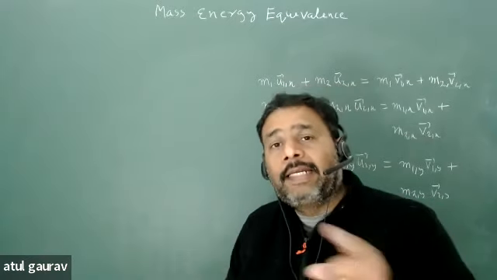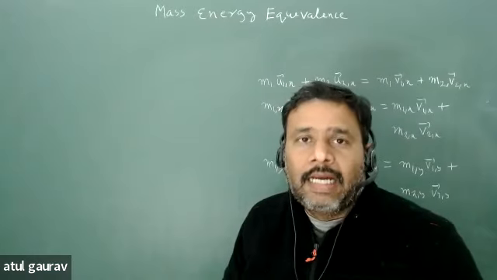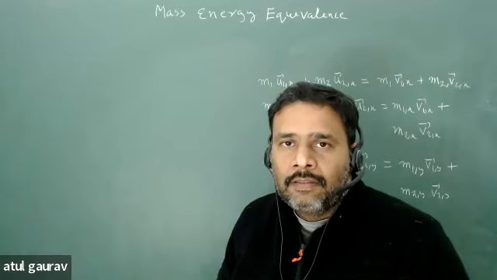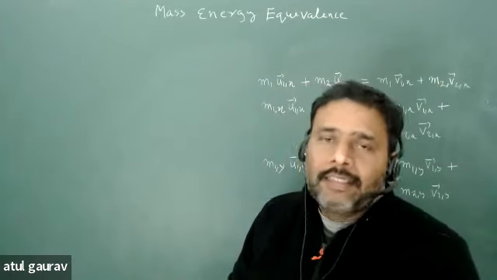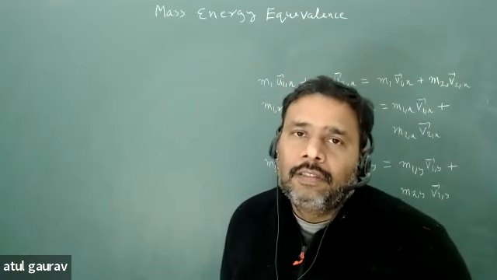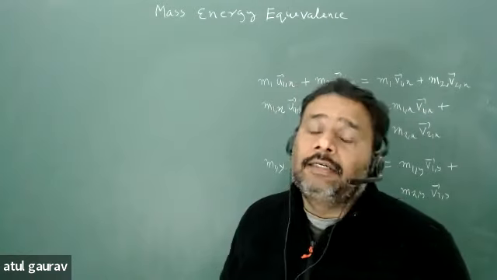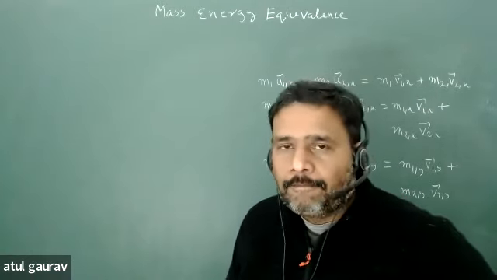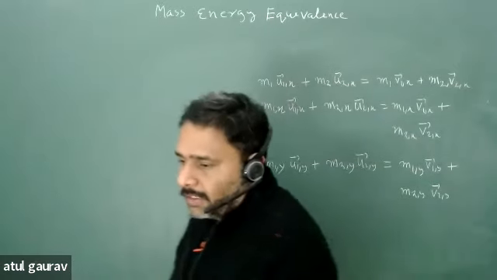But when we take that mass is different in both frames, and that mass is nothing but the relativistic mass, then this works and there is conservation of linear momentum, and it validates that concept of relativistic mass of Einstein. Everyone is comfortable?